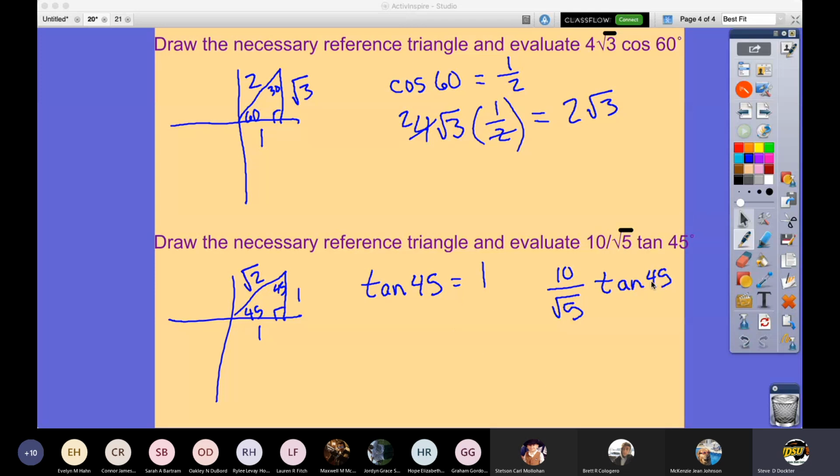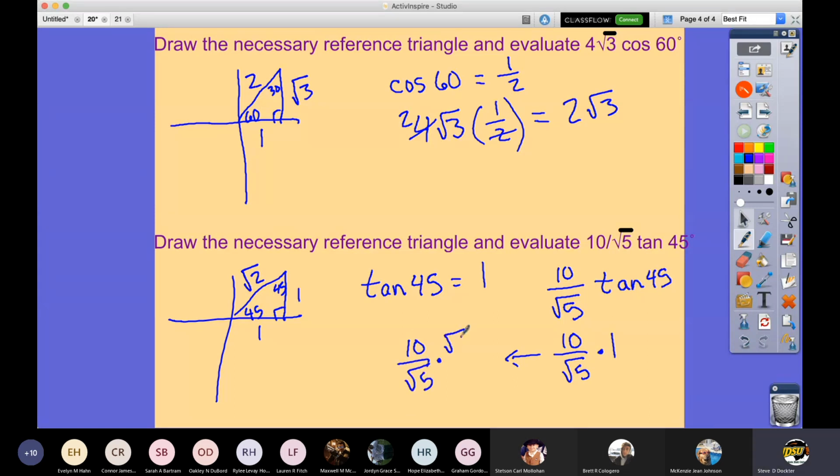So then we can plug this in here for tangent of 45. We get 10 over square root of 5 times 1, which just means we have to simplify 10 over the square root of 5. You guys know how we do that: we multiply top and bottom by square root of 5 over square root of 5, which would give us, sorry, I'm going in kind of a weird order here.